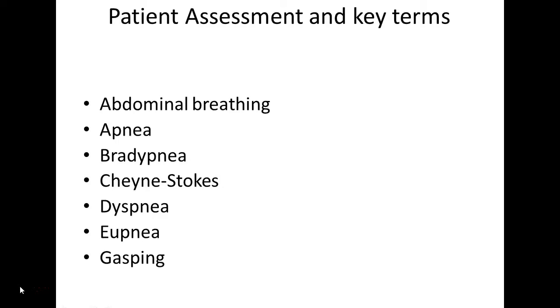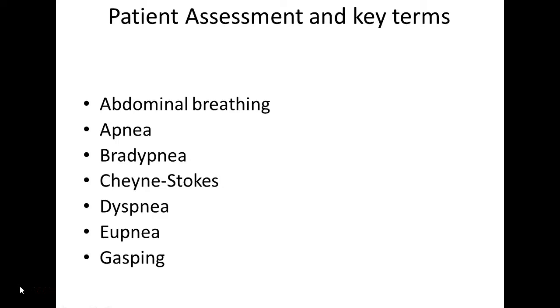Cheyne-Stokes respirations, that's when you have rapid, heavy breathing, absent breathing, rapid, heavy breathing, absent breathing, and that repeats over and over again. Cheyne-Stokes is commonly seen in patients near the end of life. Dyspnea, shortness of breath. Eupnea just means normal breathing. Gasping, self-explanatory.